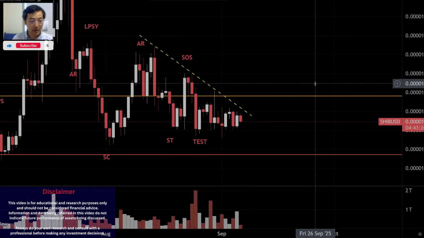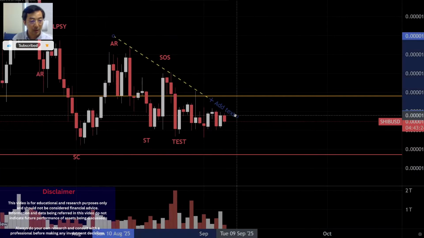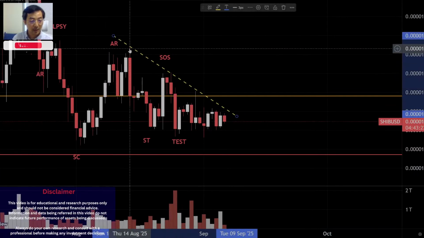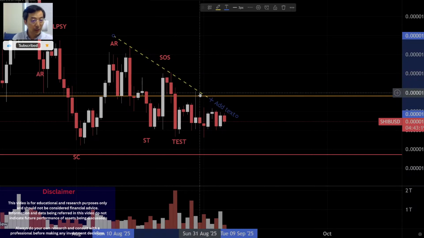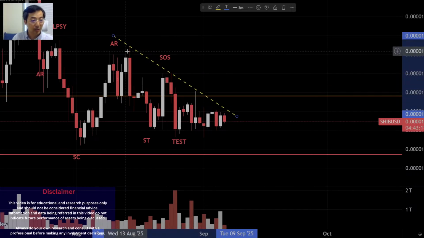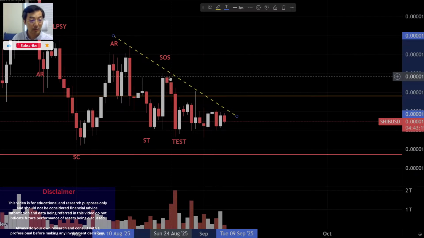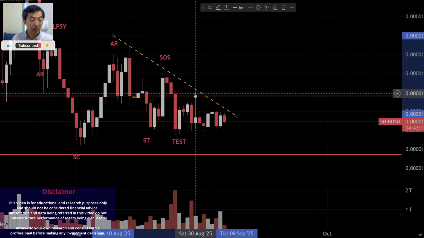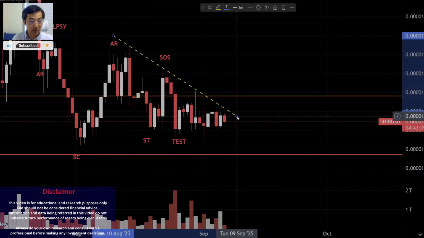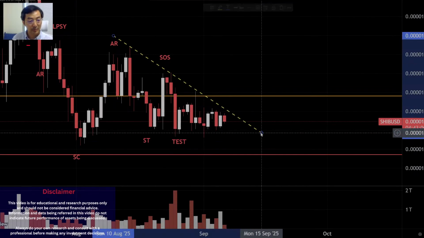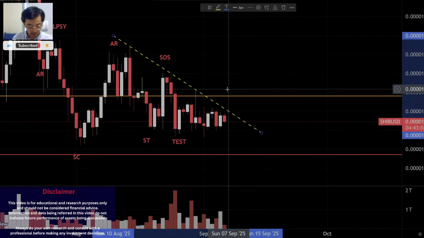So one resistance line over here, that's basically bouncing off all the rebounds across August. August 14th, August 24th, August 30th. Every bounce stopped below this resistance line. And then we have another line.